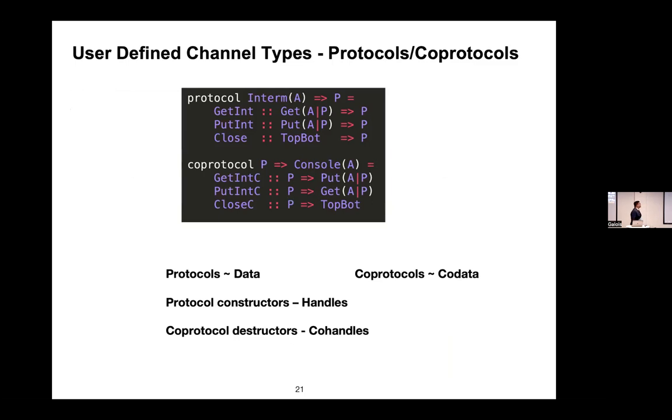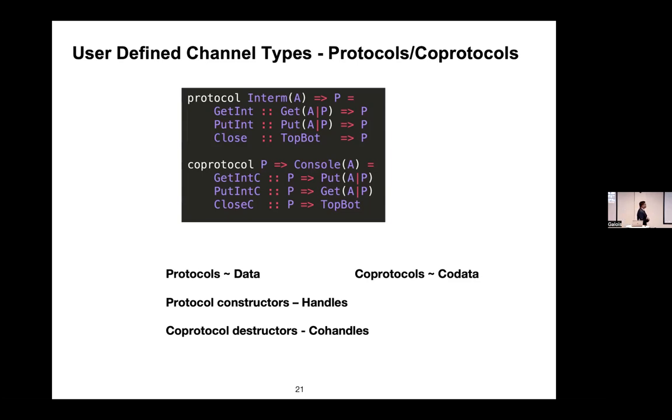And we have three constructors for it. These constructors are also called handles in the case of concurrent MPL or in the case of protocols. So look at the first handle, getInt. GetInt says get a value of type A and recursively call the protocol InTerm. So either you can do as many gets as possible, you can do get and put, and finally you can close this whole interaction.